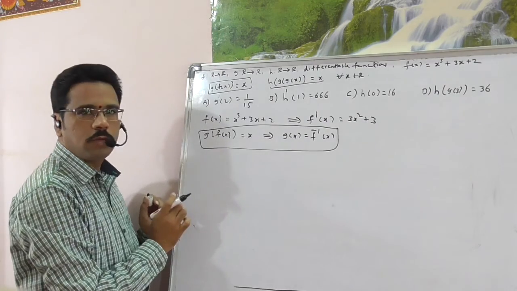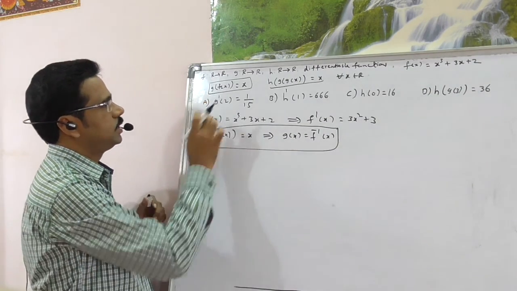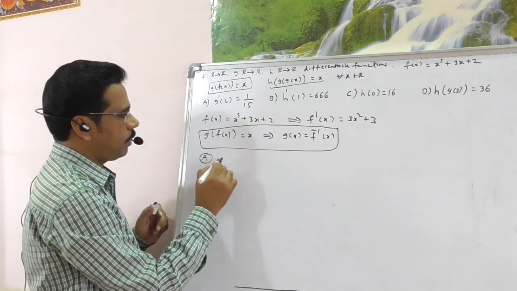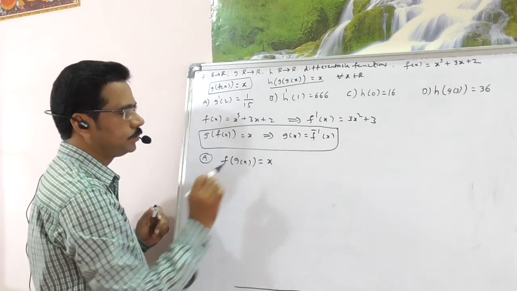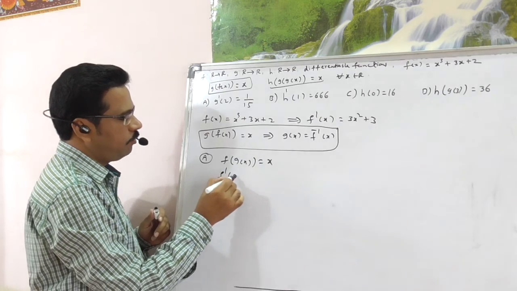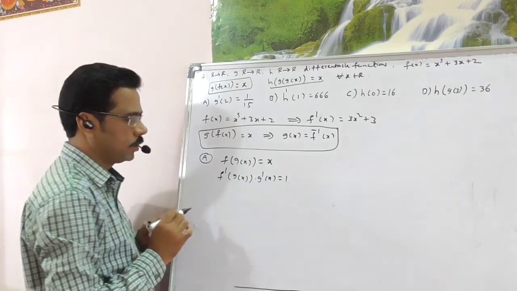So we have to observe the options. First I am checking option A: g dash of 2 is equal to 1 by 15, we have to check. From this I am writing f of g of x is equal to x. Now differentiate on both sides: f dash g of x into g dash x is equal to 1.